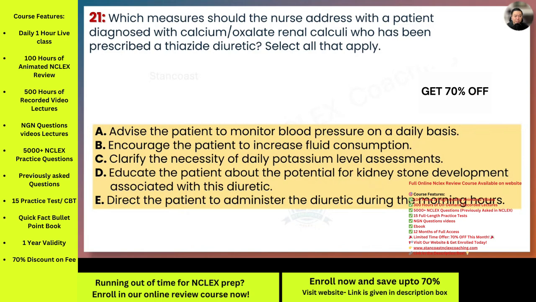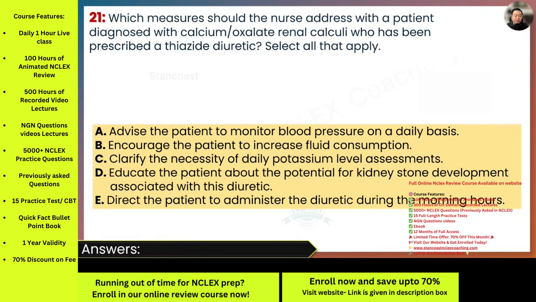So, the case talks about a client who has calcium oxalate kidney stones and has a prescription for a thiazide. So the answers here are options B and E. Why B? We know that fluid intake is very important for anyone who has kidney stones, including those with calcium oxalate stones.